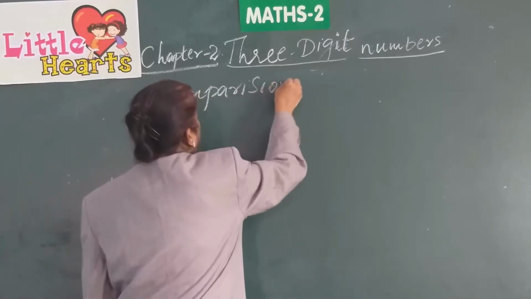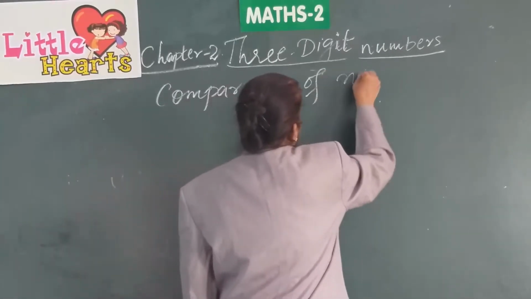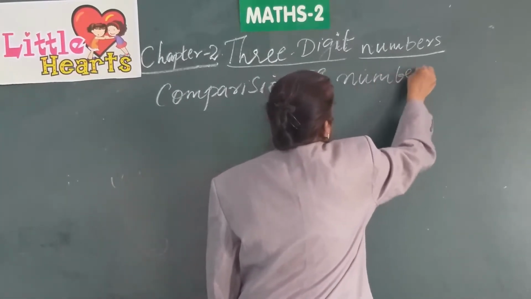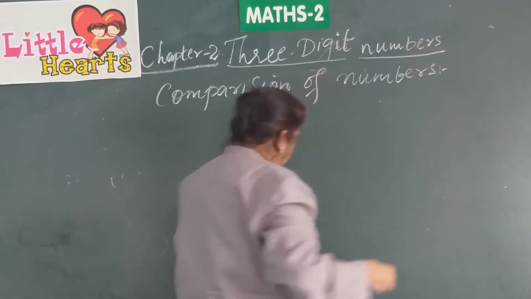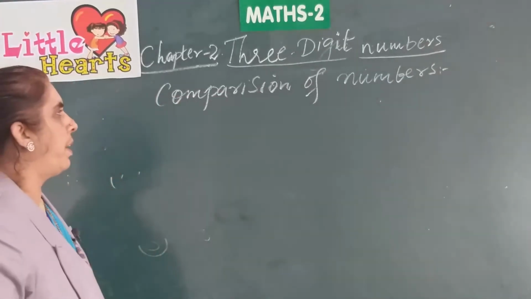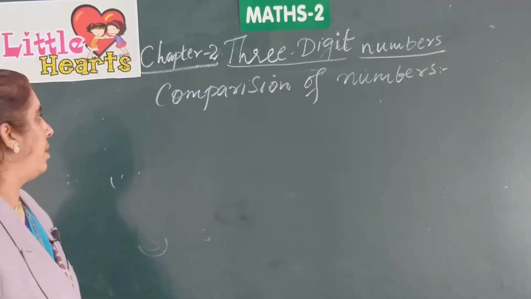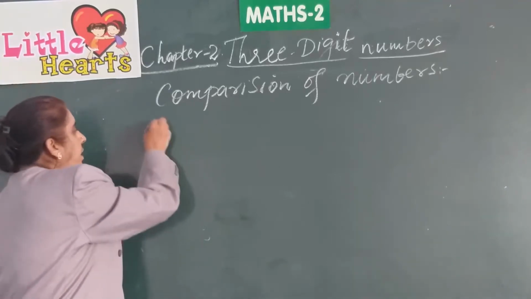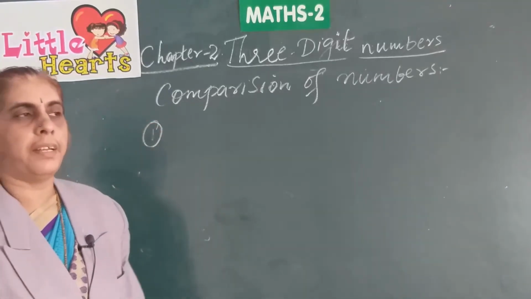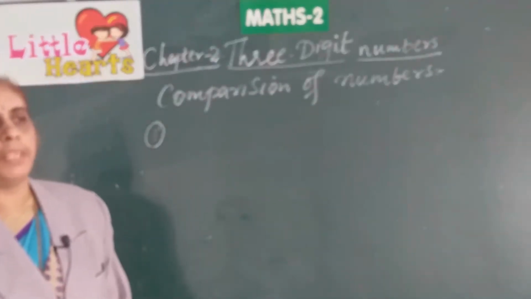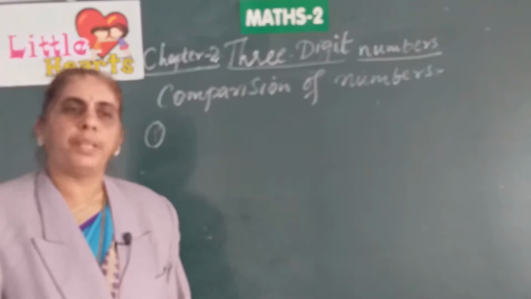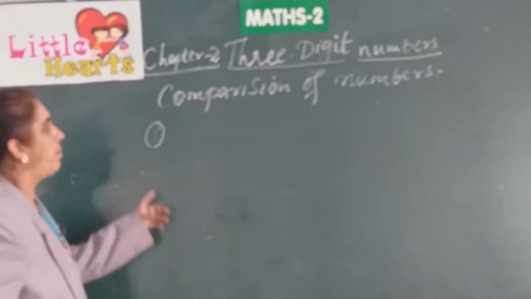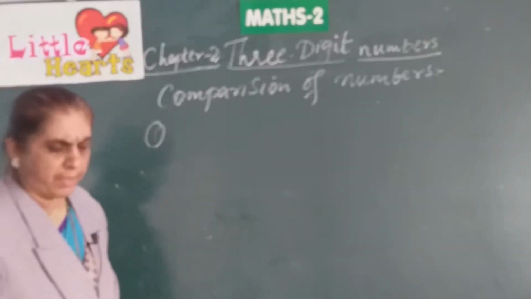Comparison of numbers. Comparison is nothing but to know which number is big, which number is small. So, a single-digit number is always smaller than a two-digit number, and a three-digit number is always greater than a two-digit number. So you should remember these things while comparing numbers.